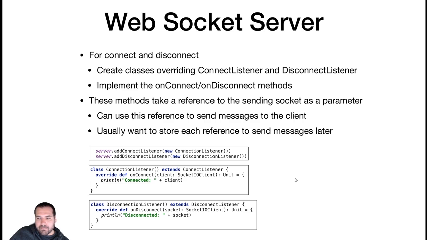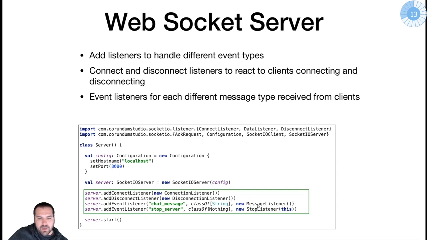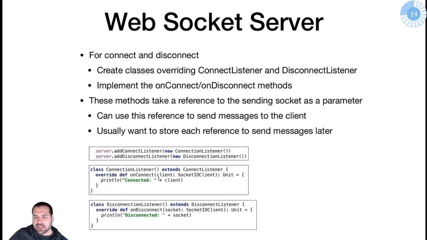Yeah, not a new instance for every event. We're creating one new instance when we set up the server, and then each time the connect event occurs, it's accessing this object that we gave it and calling its onConnect method with the client. But it is the same object each time.